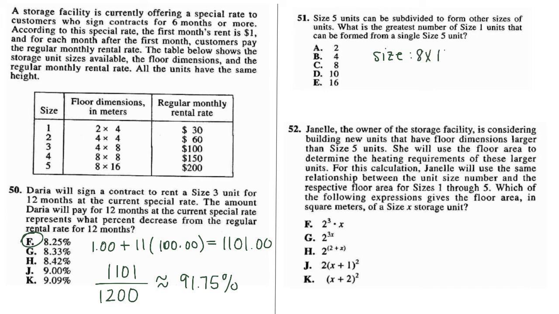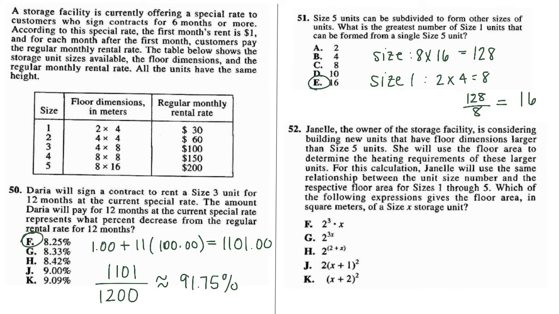So 8 by 16, and that's going to give us 128. And we want to know, how many size 1s can fit in there? Well, size 1 is a 2 by 4, so 8. So let's divide these. 128 divided by 8, that should give us 16. So that's going to be answer choice E.